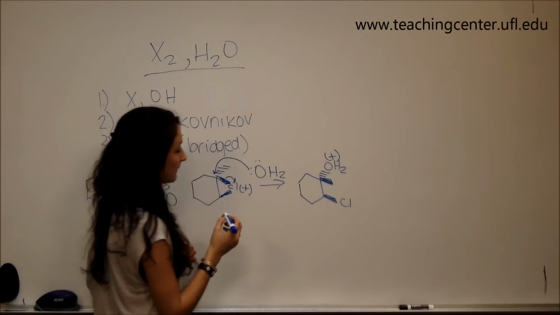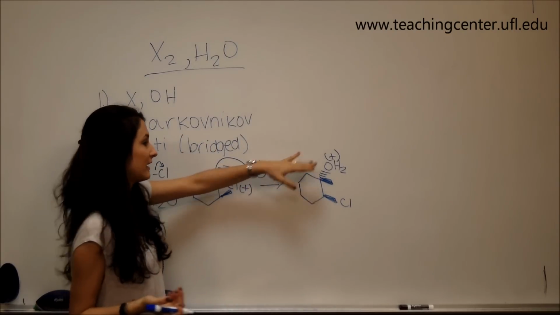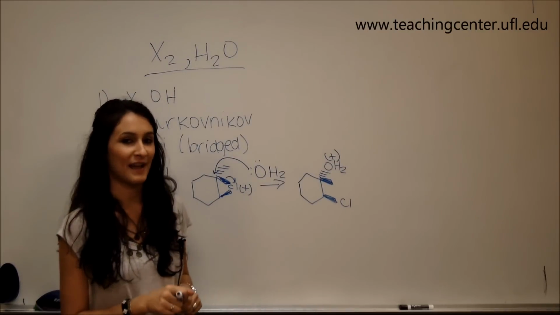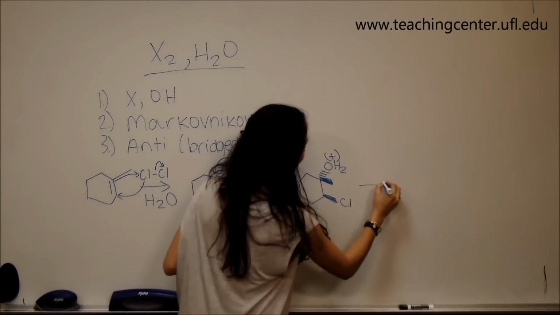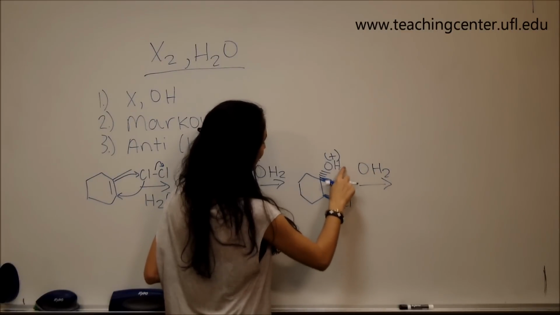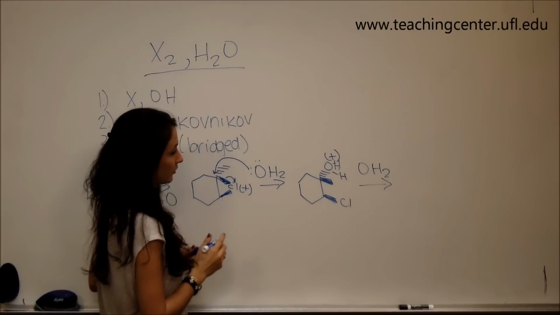So the next step is going to be, we have an OH2 plus. So basically the rule for orgo is if you don't know what to do, you should just add water. That's not really a great rule, but I've heard professors tell me that before. So basically, we have this OH2 plus group.